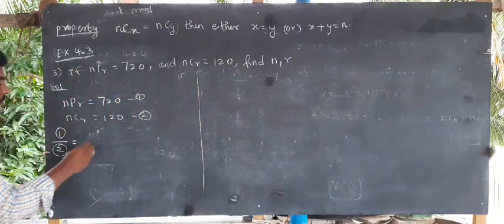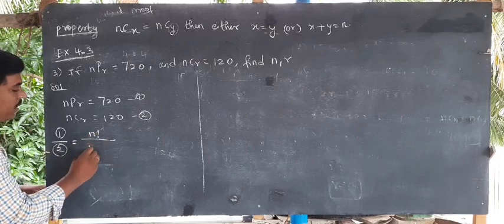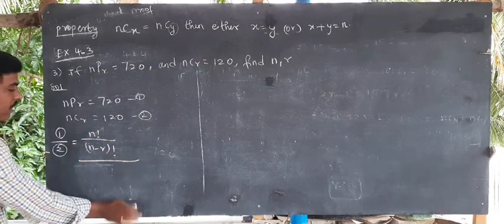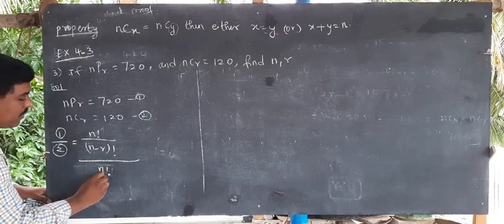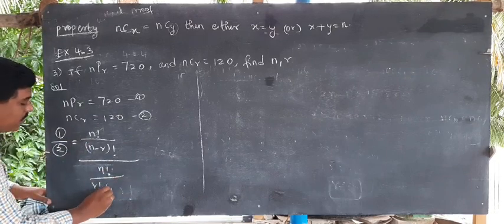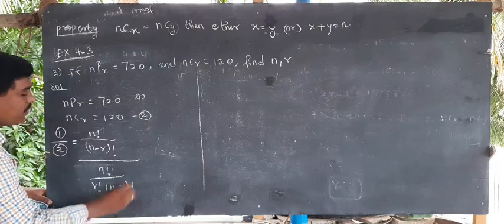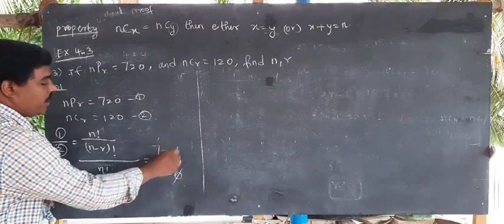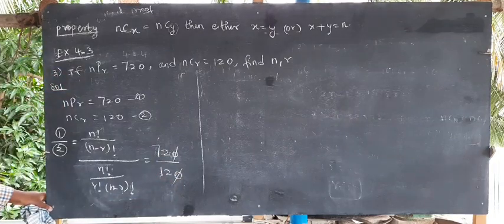One divide 2: n factorial by (n minus r) factorial divided by nCr, meaning n factorial by r factorial (n minus r) factorial. This equals 720 by 120. This will be cancelled.